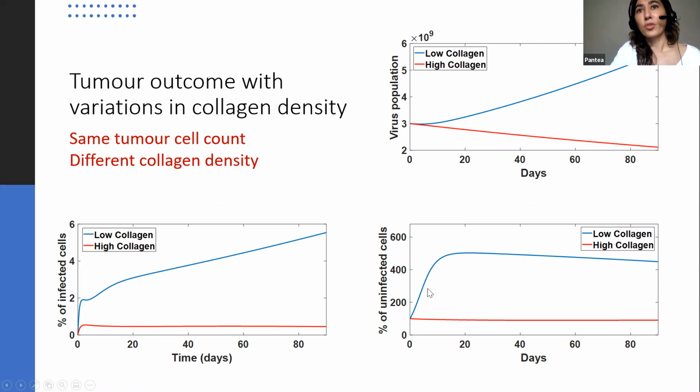But because the tumor in the low collagen is not being suppressed by collagen, it's actually able to grow. So this tumor is able to grow before it actually begins to respond to treatment. And even at day 90, we're still nowhere near where we started.